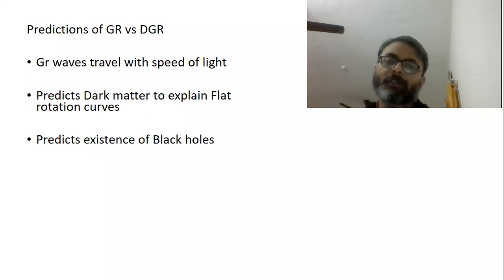DGR also predicts the existence of black holes. Black holes are a huge collection of t equals 0 compartments aggregated together, and they cause a lot of destruction. That's why they cause a lot of EPCA formation around them. Just within the event horizon of the black hole, the EPCAs are moving much faster than the speed of light.